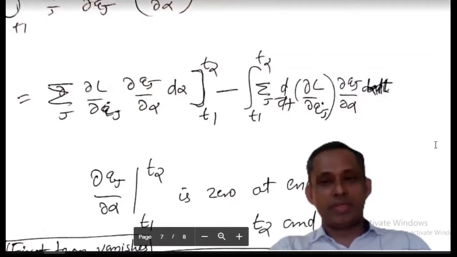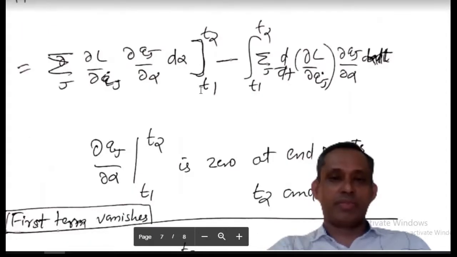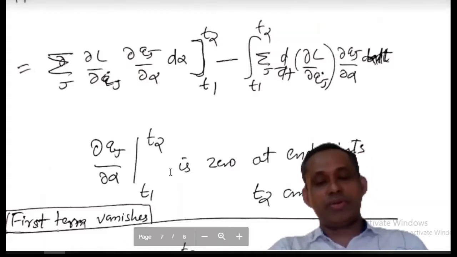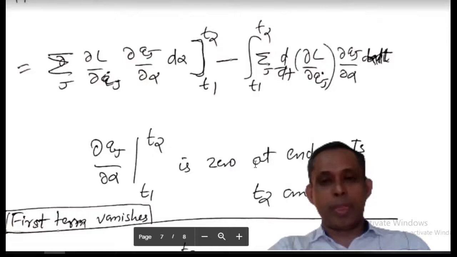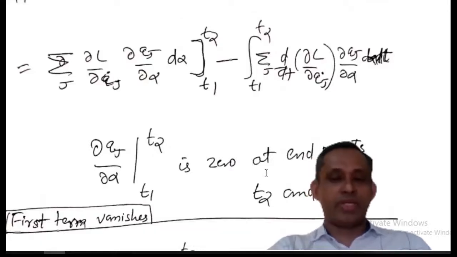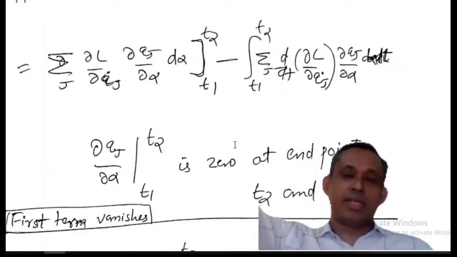dα dt. And ∂qj/∂α, when you apply the limits at t1 and t2, is 0 at the endpoints. At time t1 the system is at one endpoint, at t2 it is at the other endpoint.